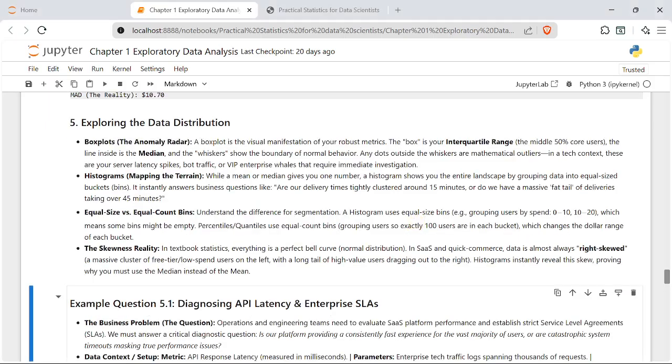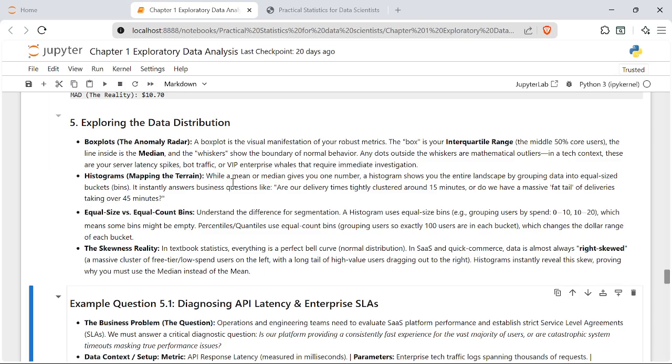Okay, so let's move to our topic number 5, exploring the data distribution. Boxplots, the anomaly radar. A box plot is a visual manifestation of your robust metrics. The box is your interquartile range, the middle 50% core users.